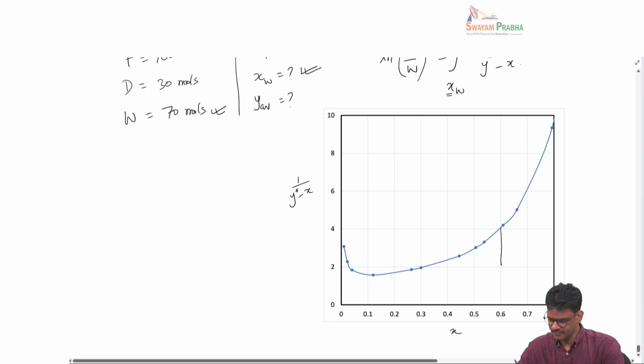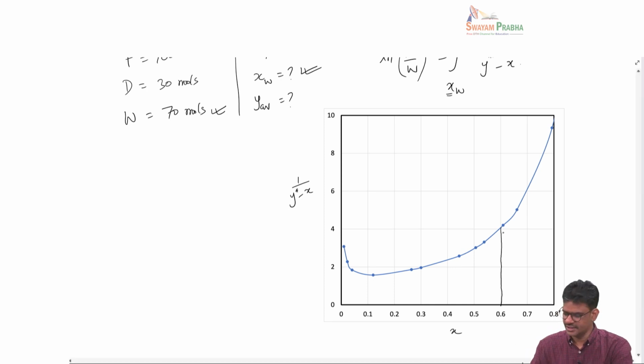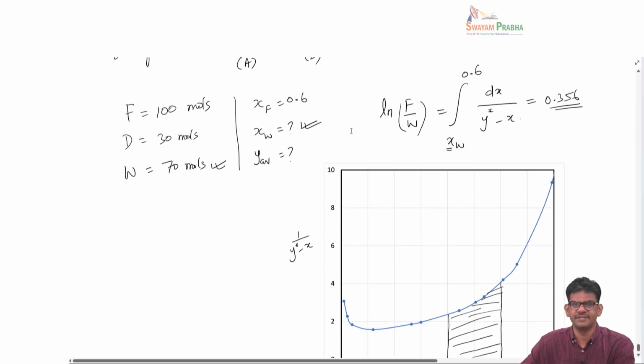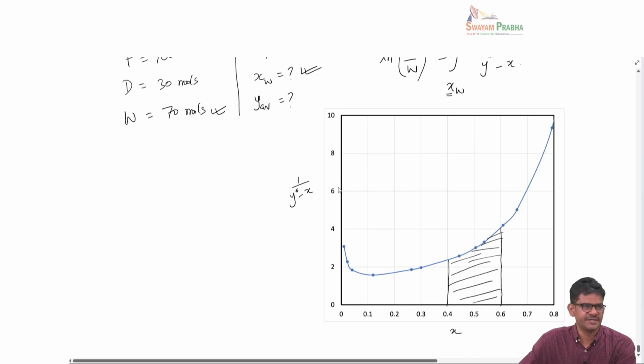Okay, so in this problem one of the limits, that is 0.6, is here, and we have to find where the other limit is, so that the area, suppose if I take somewhere here, this area should be equal to 0.356. So this has to be a trial and error method. You have to choose different XW values, and for each XW value you calculate the area and see when you match it.